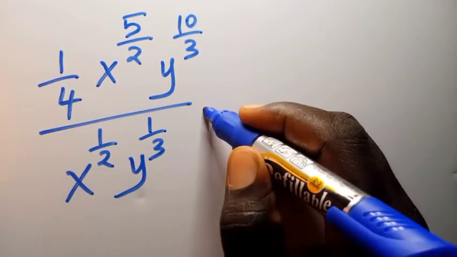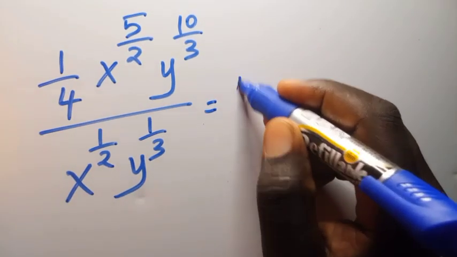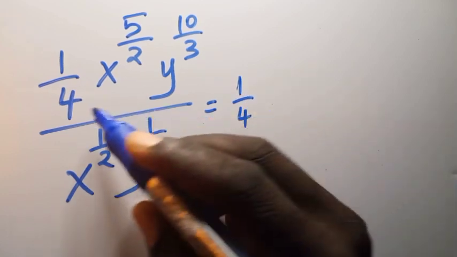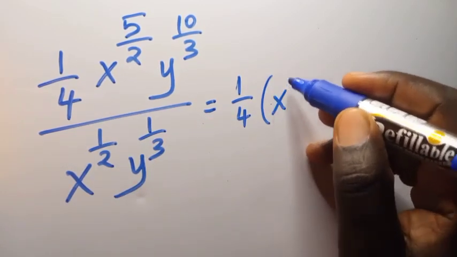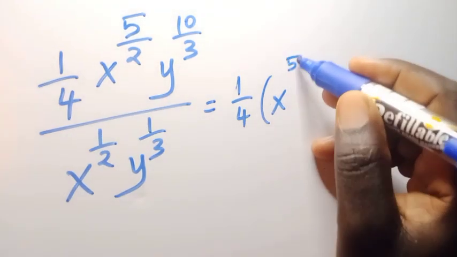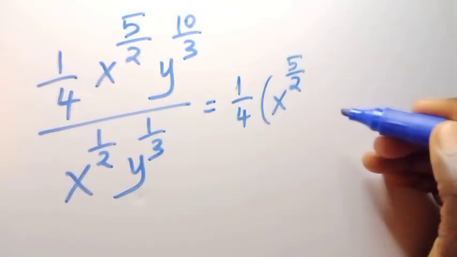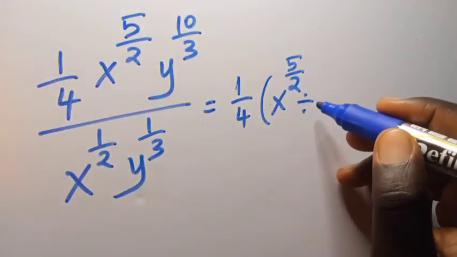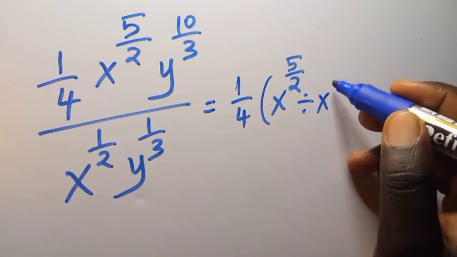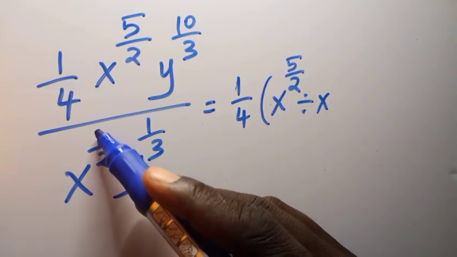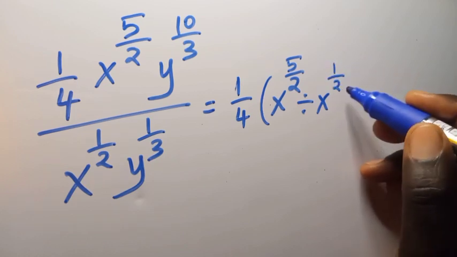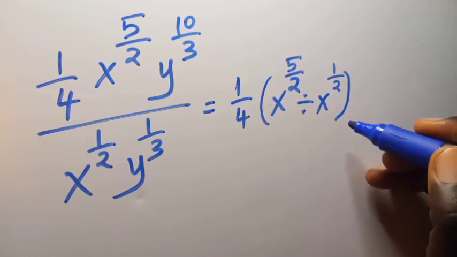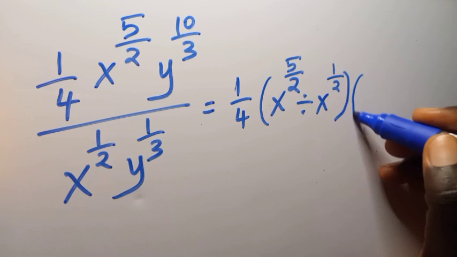We shall have, that is a quarter. Then we shall have x raised to 5 over 2, then divided by x raised to a half. Then we close the bracket that way. Then we also open.